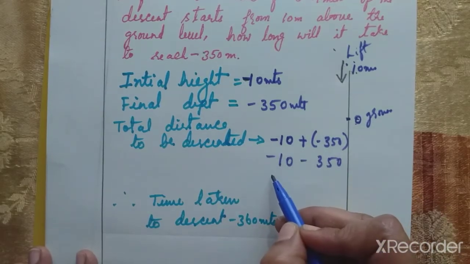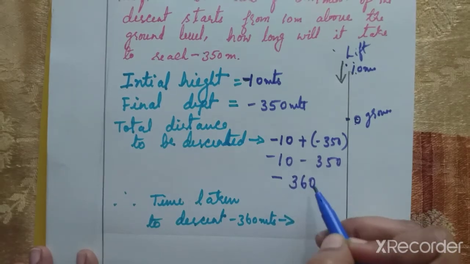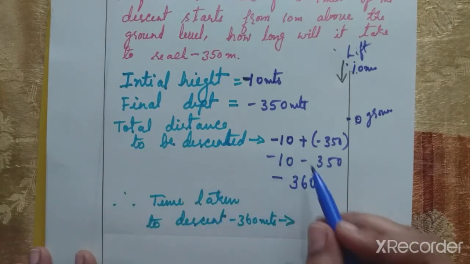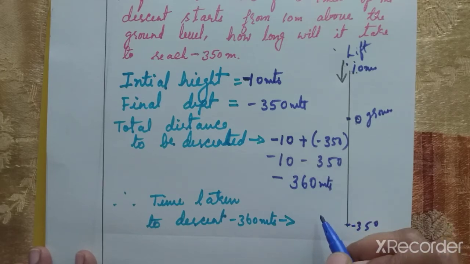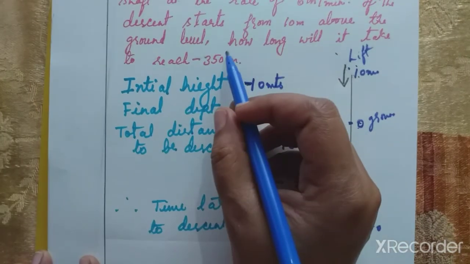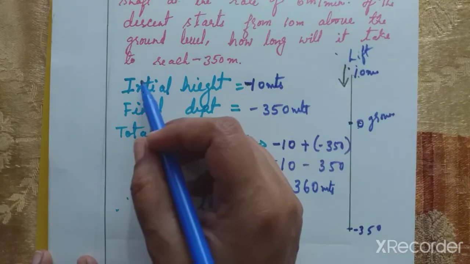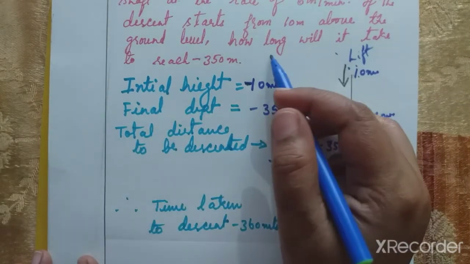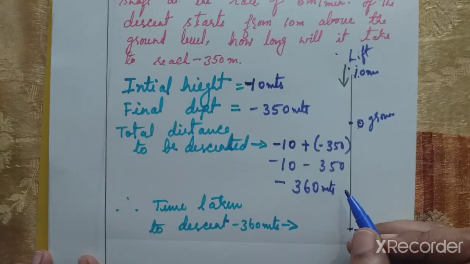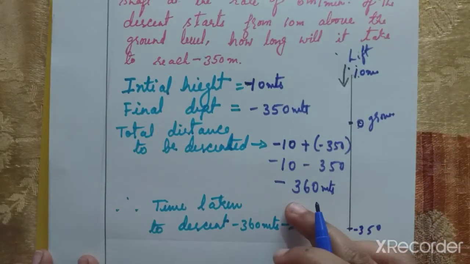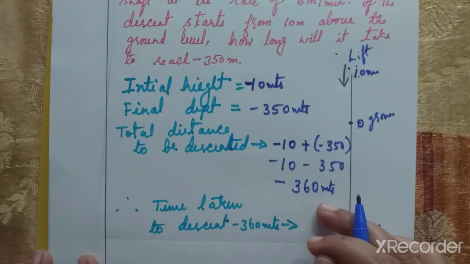How much? Minus 360. Total distance to be descended is minus 360 meters. Now, what is the question? How long will it take to reach minus 350 meters? So we have to find the time. The total distance descended is minus 360 meters.